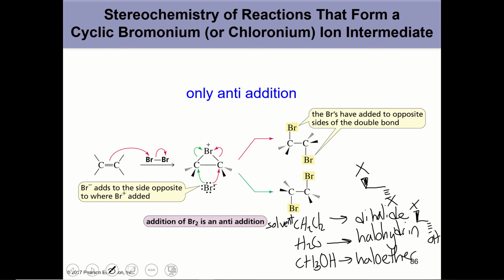And the haloether would happen in much the same way. If I added, for example, X on a hatched wedge, then the ether group would add on a solid wedge and be anti to the halogen.